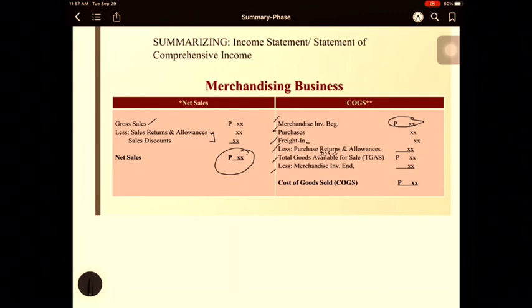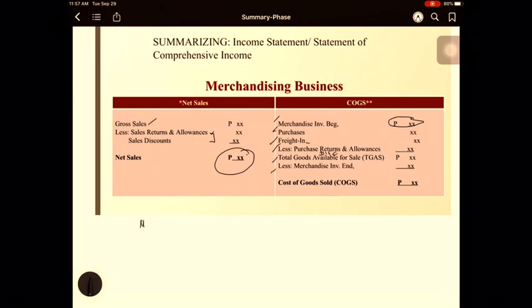If we were given discounts on the inventories that we purchased, then it shall reduce as well the amount of our merchandise inventory. So let me just rewrite this formula.